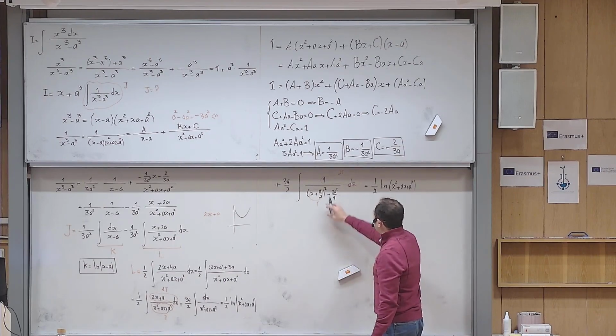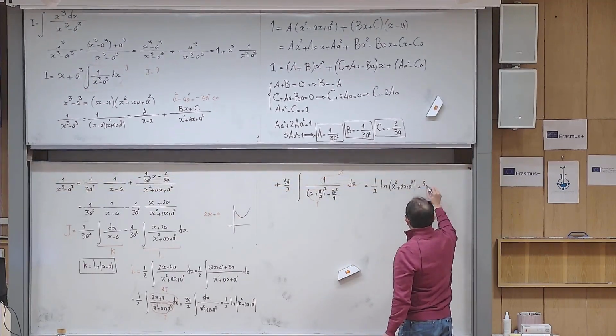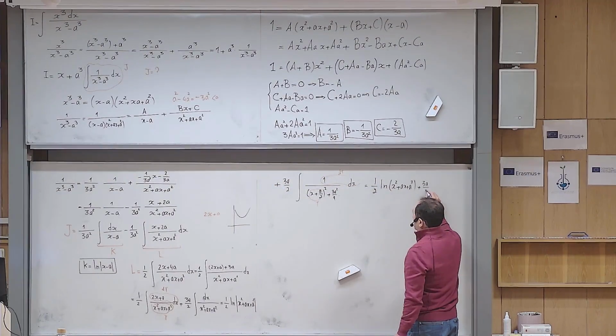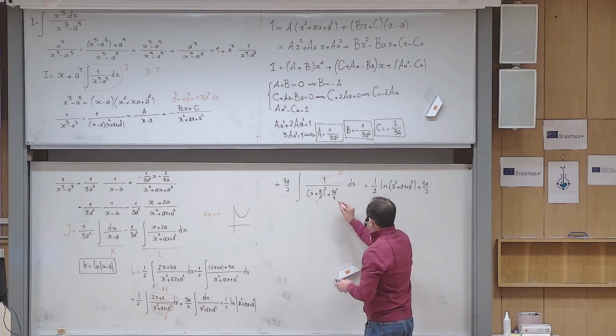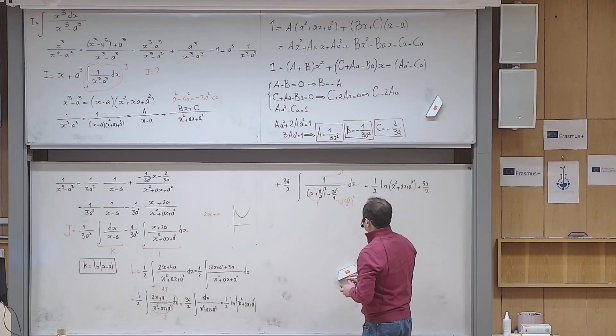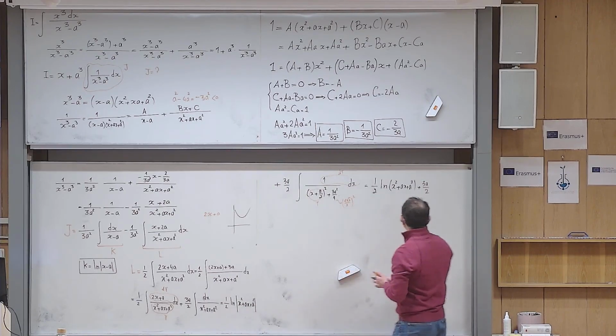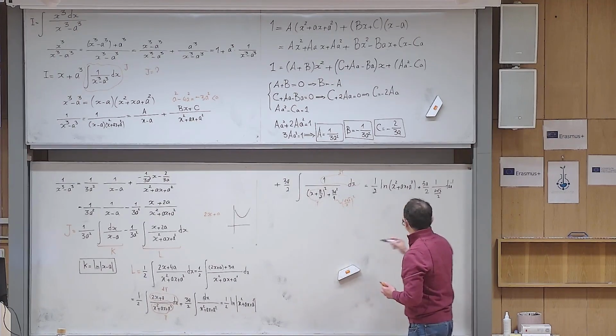Okay, and this becomes plus 3a over 2. And then this can also be viewed as a square root of 3 over 2 to the power of 2. So it becomes 1 over this constant, and then tangent inverse of this divided by that.